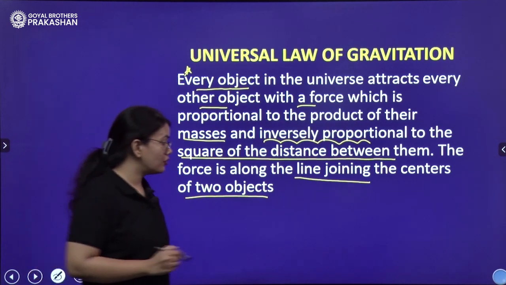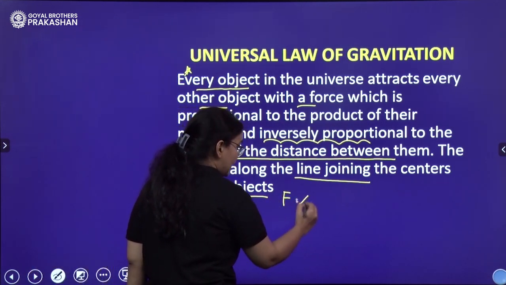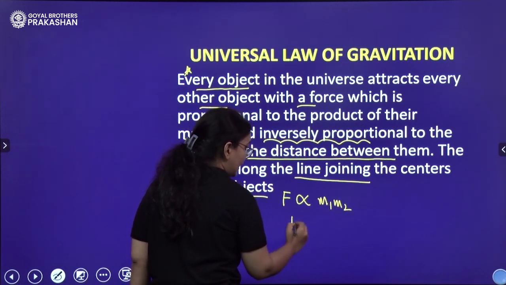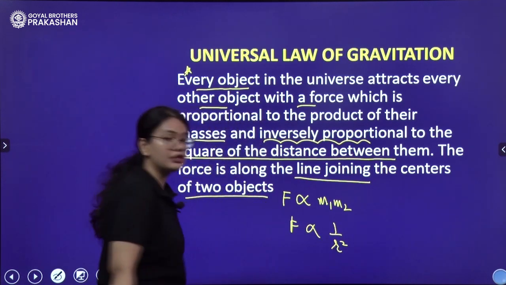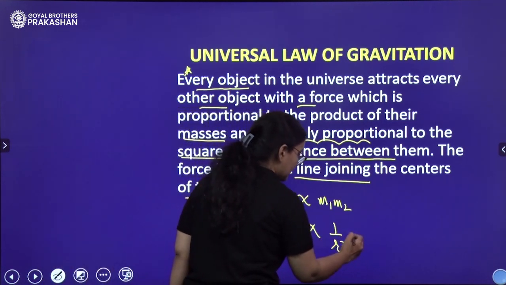And what is the magnitude of that force? It says that force F is directly proportional to their masses m1, m2 and inversely proportional to the square of the distance between them. Either you can take R or you can take D.